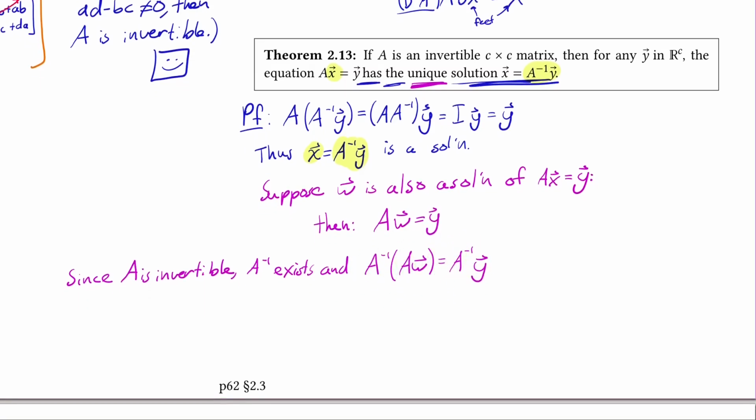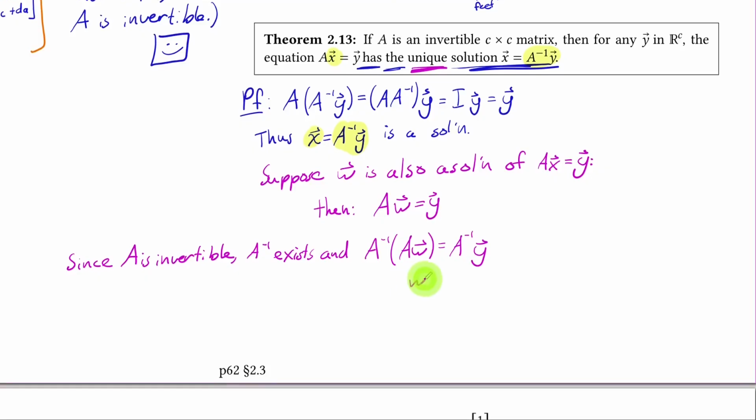And maybe you see where this is going. We can move the parentheses around. You get the identity matrix times w equals A inverse y. And the identity times anything is itself. So that means w is actually equal to this solution. So if you have any other solution, it's not really another solution. It's actually equal to A inverse y.